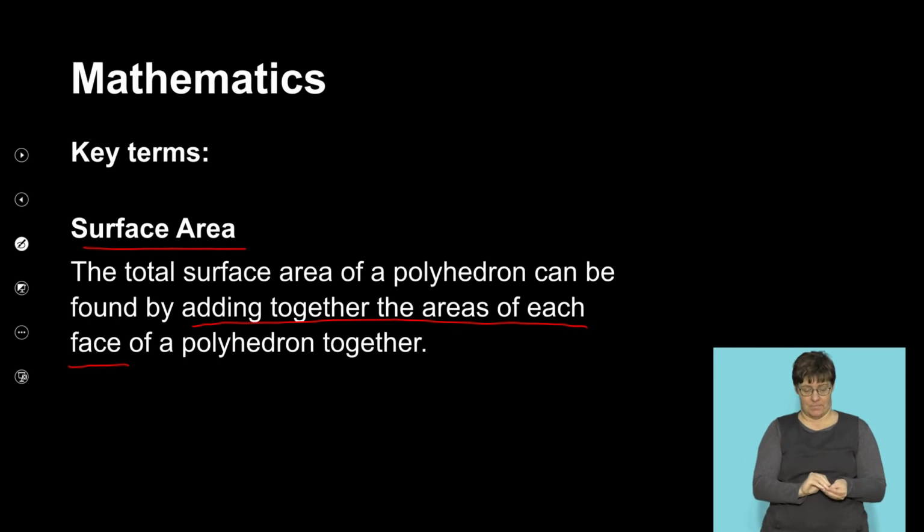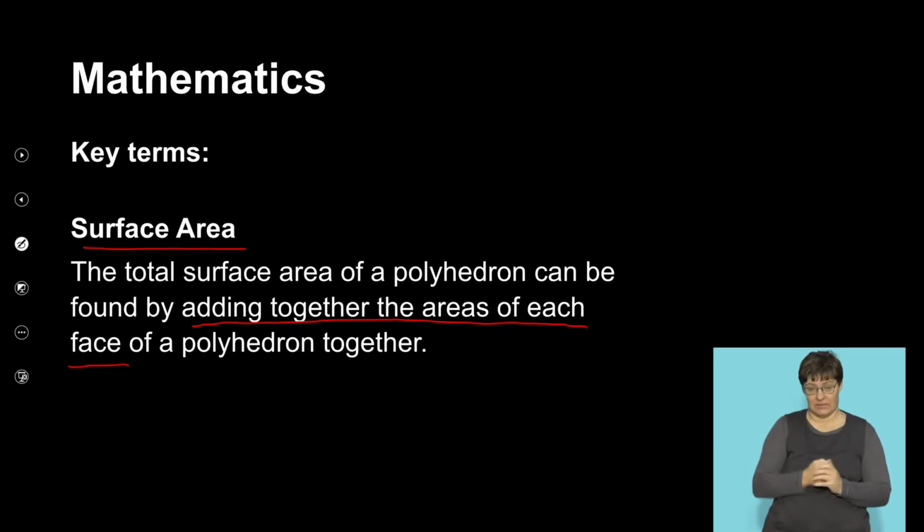I know that often a three-dimensional shape, or its exterior, is made up of different shapes, but the surface area has to do with the total area of the exterior of the particular shape. And by finding the total area of the exterior, that is my surface area.